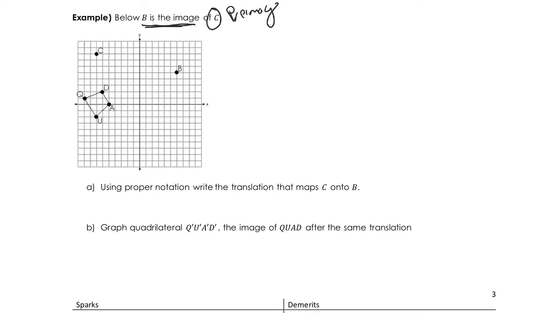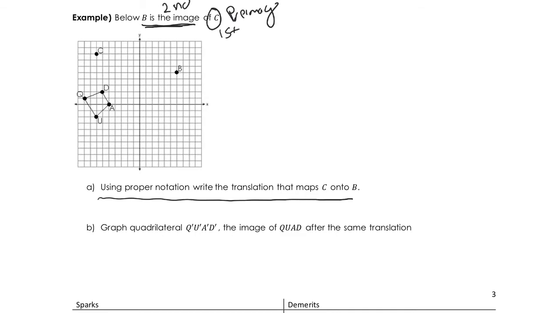So if B is the image, B is the second shape. C is the first one. So we're just going to annotate really quick: first is C, second I go to B. So using proper notation, write the translation that maps C onto B.